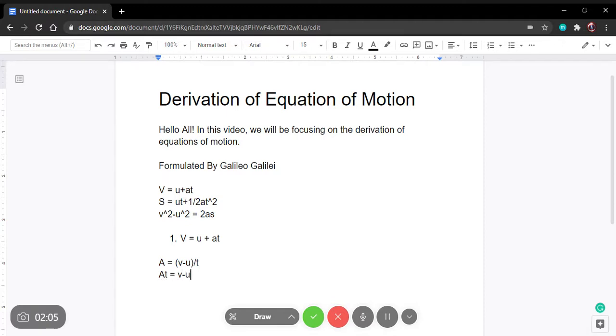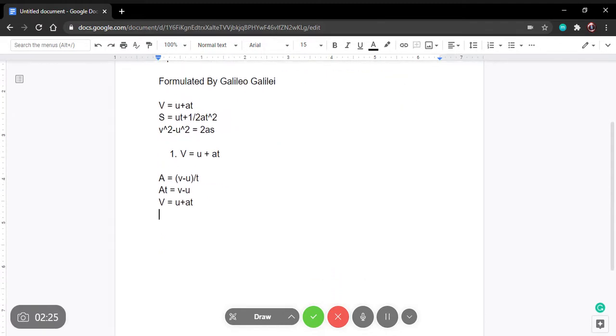We bring the time and multiply it to acceleration, and then we bring u to the left hand side and rearrange it, and finally v is equal to u plus at. This is how the first equation of motion is derived.